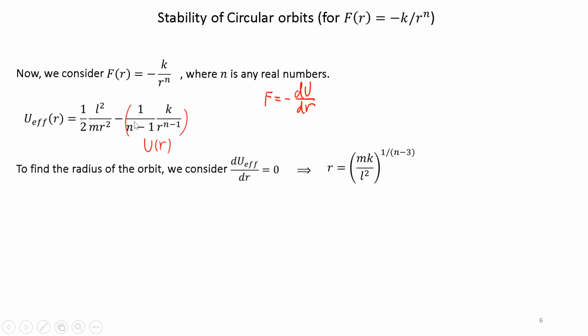First of all, let me find the radius of the circular orbit, so we look for the stationary point of this U effective. If you take the first derivative and set it to 0, you will see that the radius has to satisfy this relation. No tricks here. Just try to take the derivative for yourself to verify.